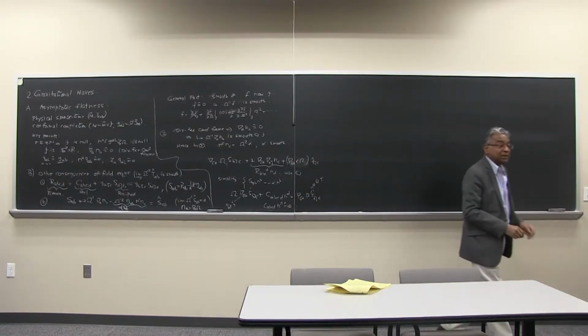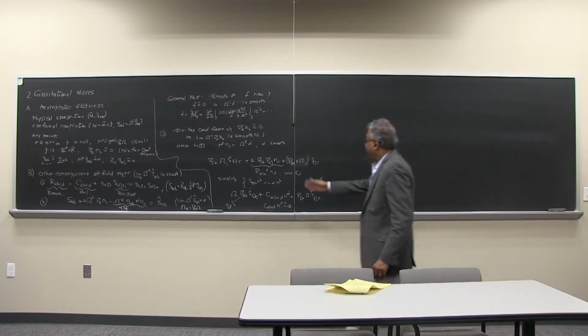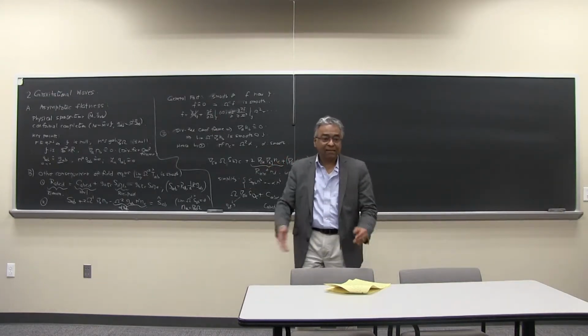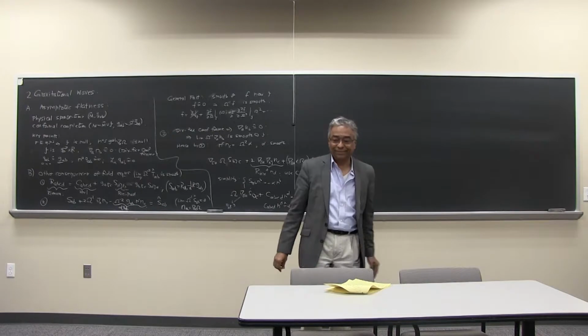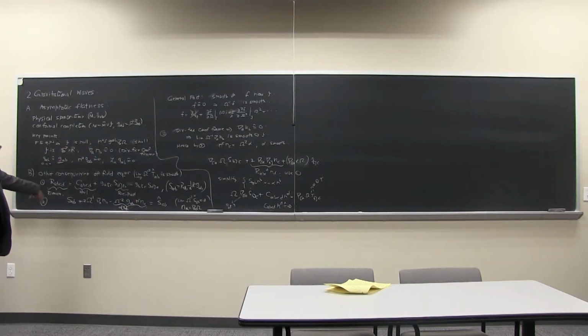So this is an important conclusion that we got, and it just came from the field equations. The algebra is really straightforward. You can all do it in between 15 minutes and half an hour, depending on how facile you are with tensor calculations.